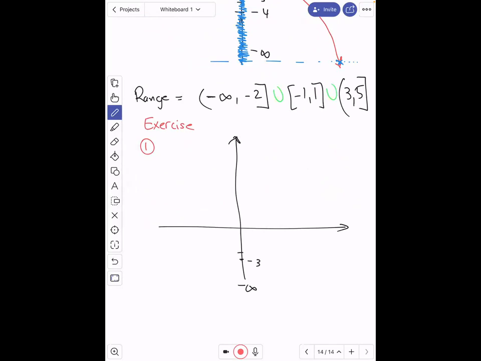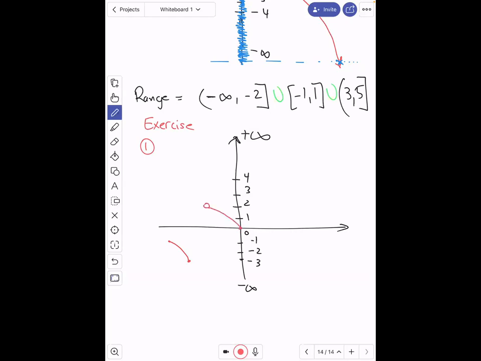I'll put negative infinity here. This is of course 0, 1, 2, 3, 4. Here's my positive infinity, and here's my graph. So let's see how it works. Okay, right there, and then somewhere right here.